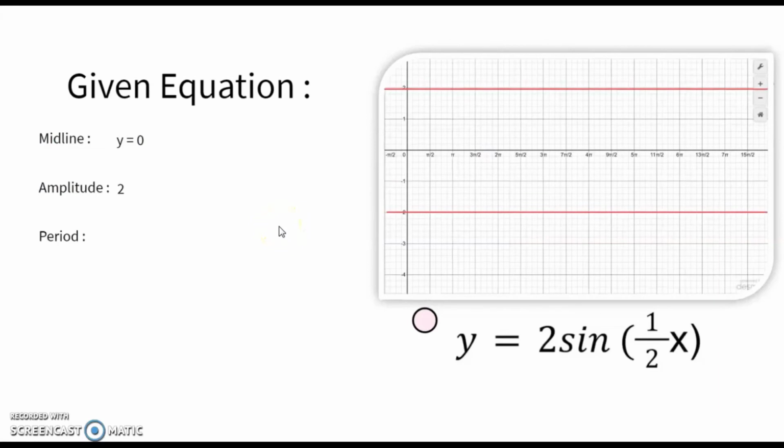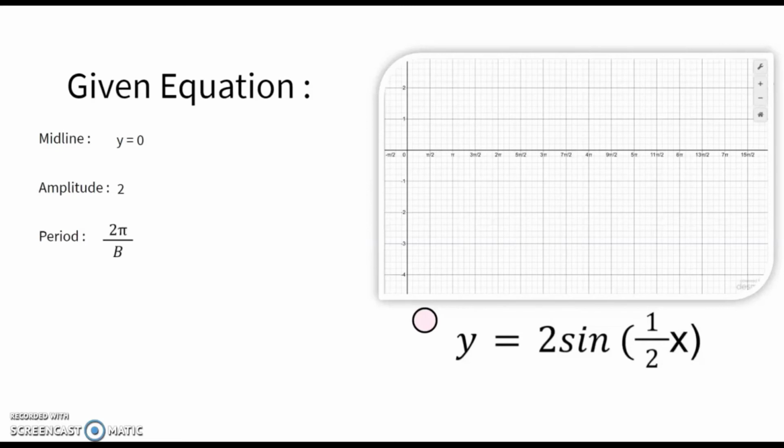Lastly, how do you find the period? So the period is 2π over b, is the equation. So what exactly is b? b is the number in front of x, or the one that goes with x. So right here, b is 1/2.